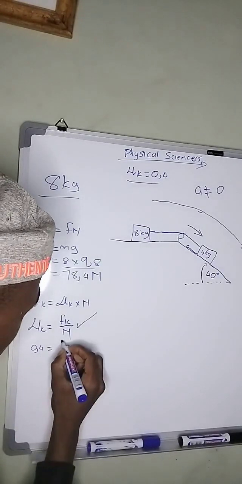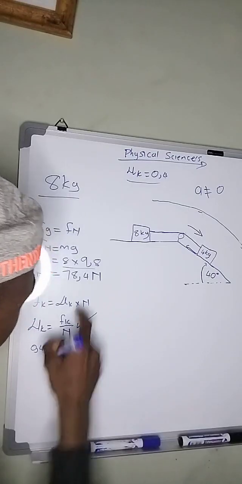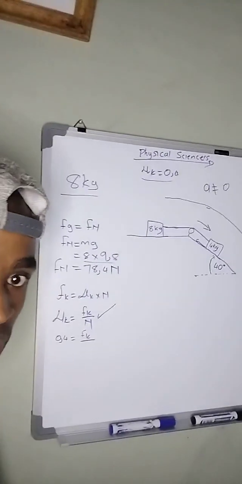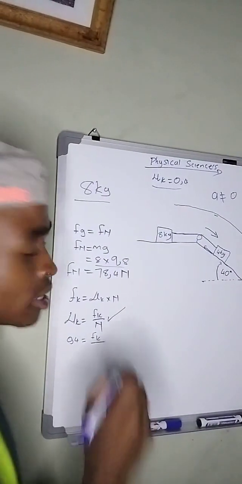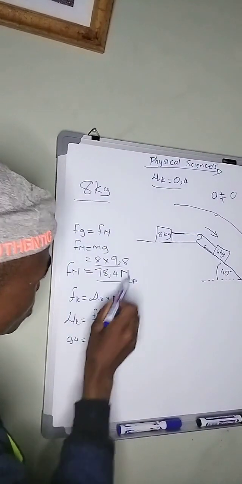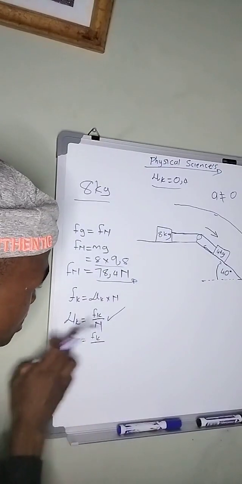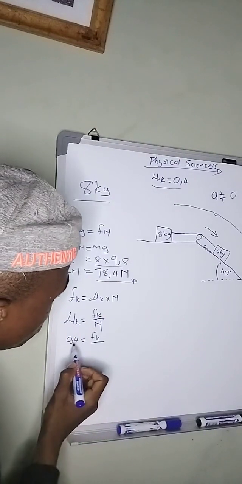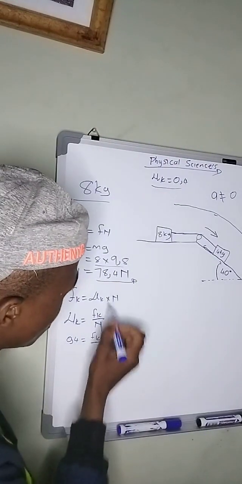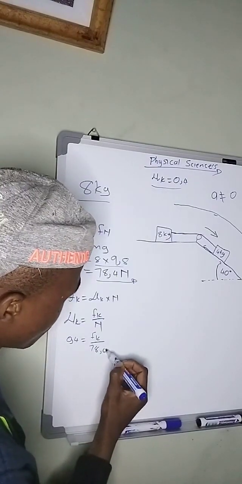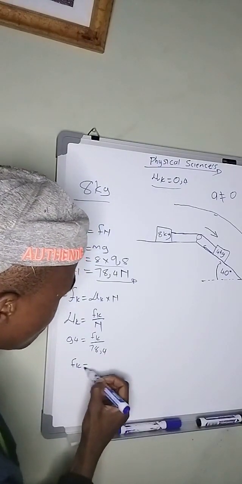It's going to be equal to Fk divided by the N that we have here. The purpose of us calculating this was to help us get the friction that we are looking for. So now I'm going to substitute this with 0,4, and now my normal is going to be what? 78,4.